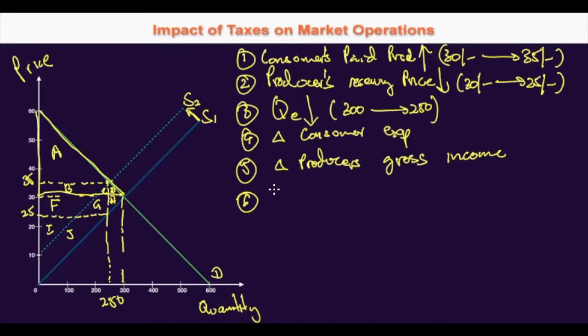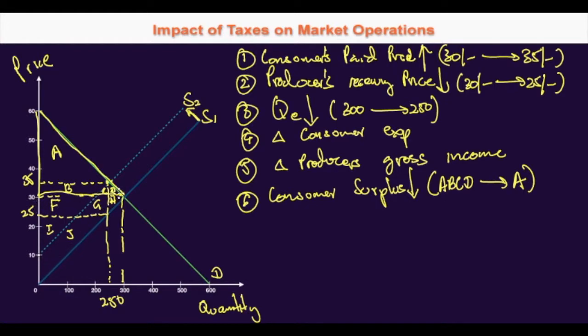Now consumer surplus has also been reduced. Before it was the area of A, B, C, and D. Now it has changed to only the area of A. And there is a decrease in producer surplus also.